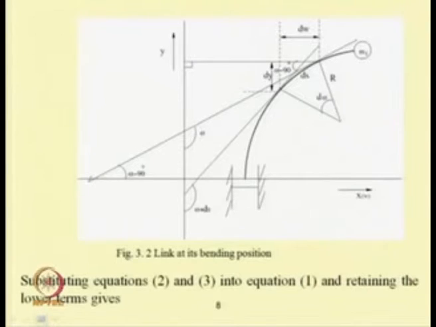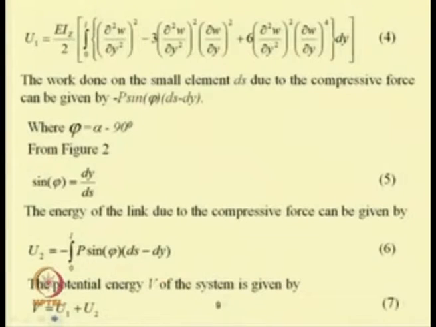A small portion of the curve is shown here. This angle is α and this is dα, and from this a detailed study will give the equation of motion, or we can write the potential energy using this equation, where w is the transverse deflection and y is the coordinate in the y direction.